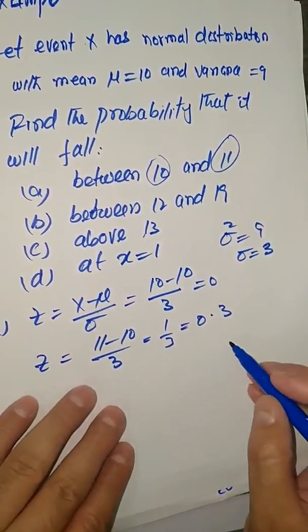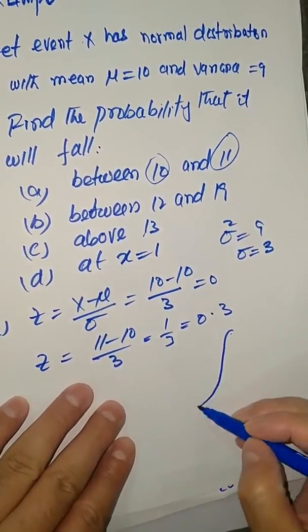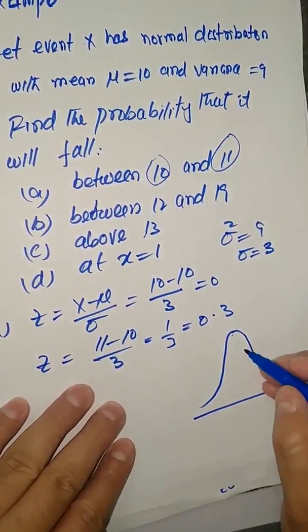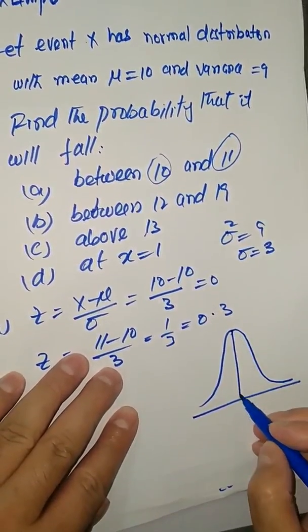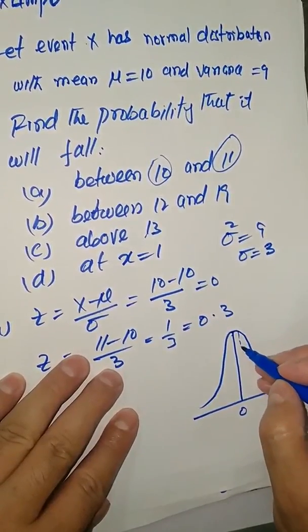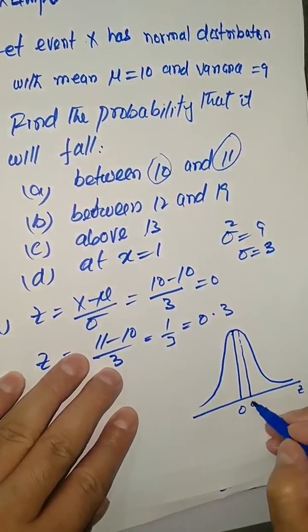So I have to find the probability. In this case, this is Gaussian standard normal distribution. So here is the mean value, that is 0, and here z is equal to 0.33.